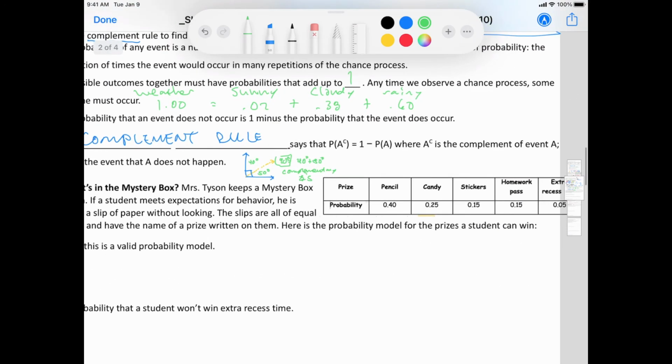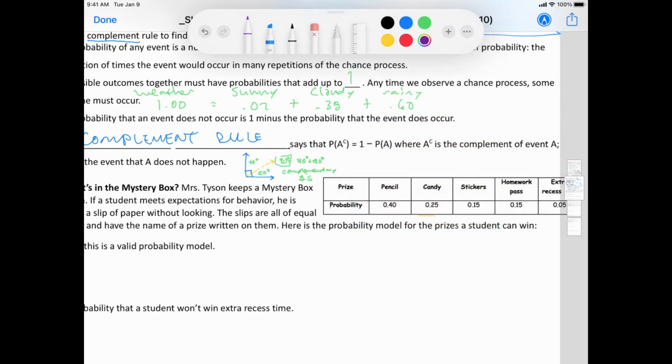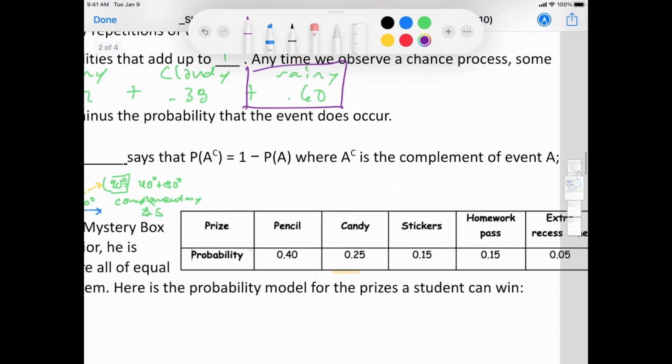So let's use the rain example. Okay, let's use rainy. Let's use that probability. So let's just say weather is equal to rain plus no rain. Would you guys agree?